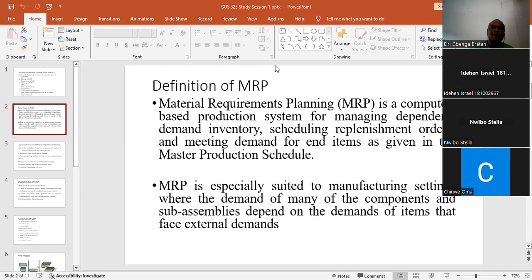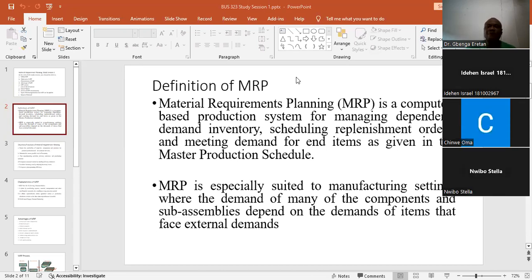It could also be defined, especially in a manufacturing setting, where the demand of many of the components and subassembly depend on the demand of items that face external demand.